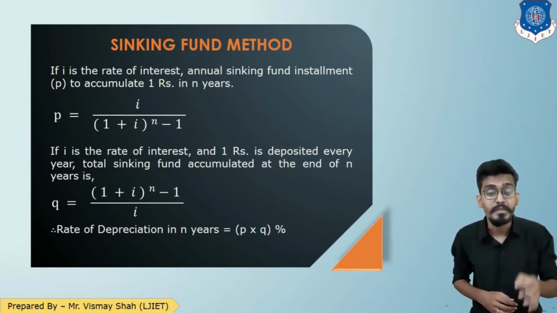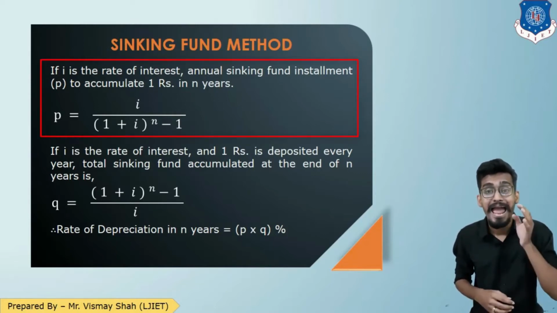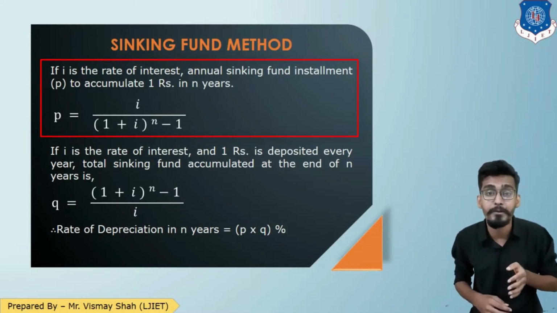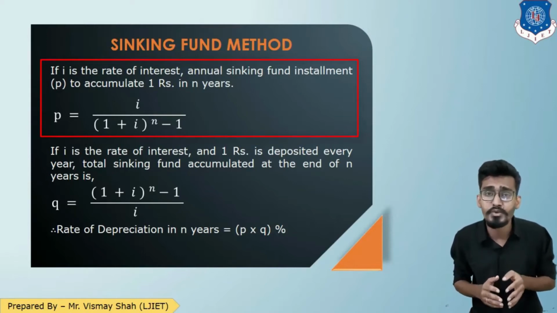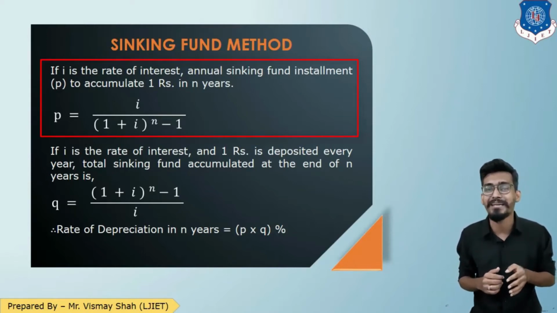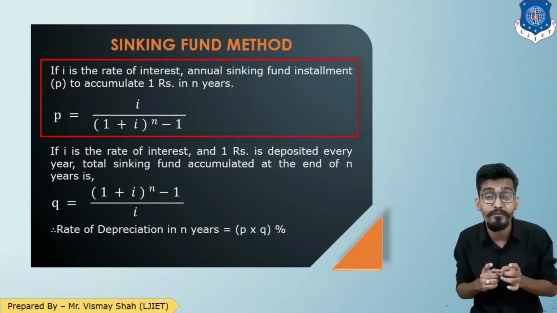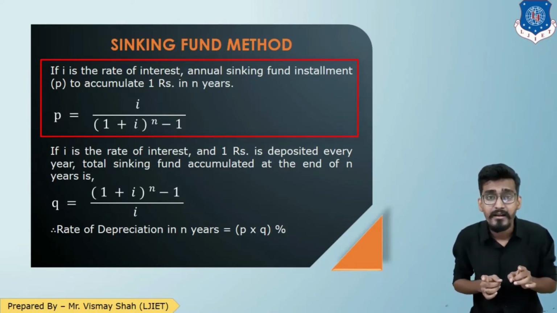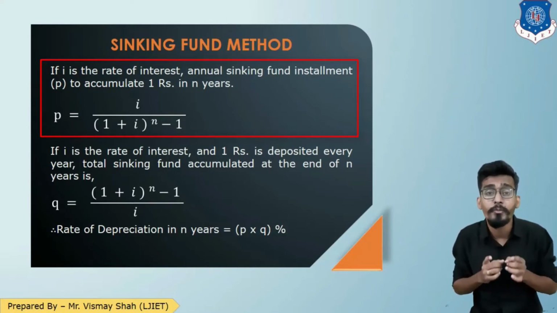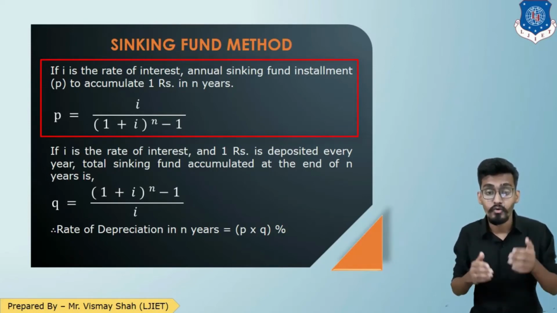Let us start. If the rate of interest is I, the annual sinking fund installment P to accumulate 1 rupee will be P equals I upon (1 plus I) raised to n minus 1. I am repeating again. What is the sentence of the formula? If the rate of interest is I, and if you want to accumulate 1 rupee, how much should you deposit annually?